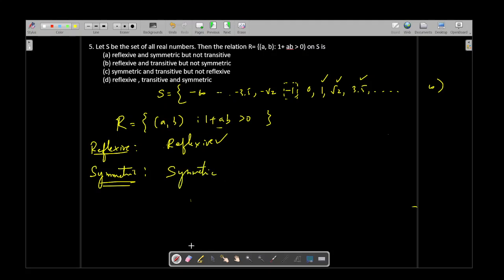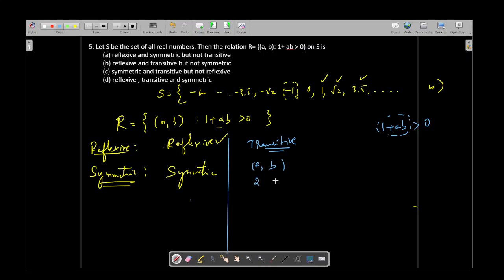Now let us check for transitivity. Usually these types of relations are not transitive, so we need only one counterexample to prove this. Here we have 1 plus ab greater than 0, which means positive. I always take one of the elements as 0.